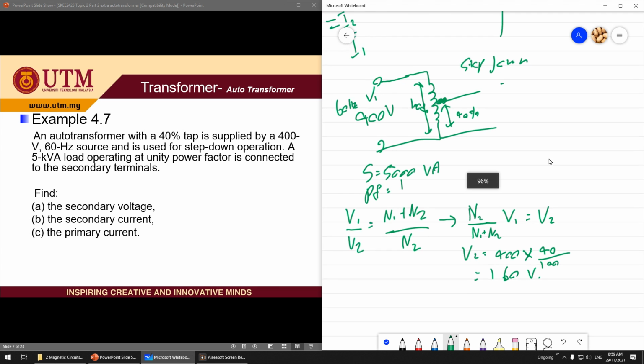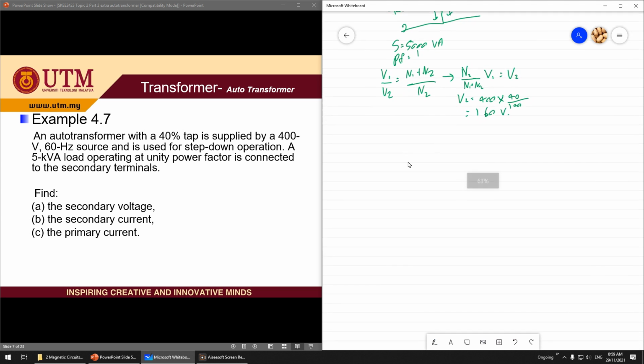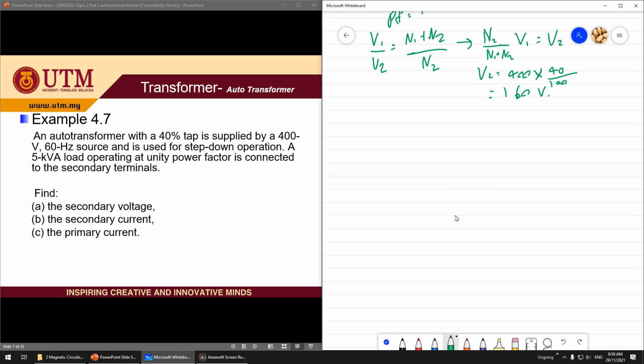So how to obtain the current? Use the formula, of course. Calculate the secondary current first. So I2 is equal to S divided by V2.